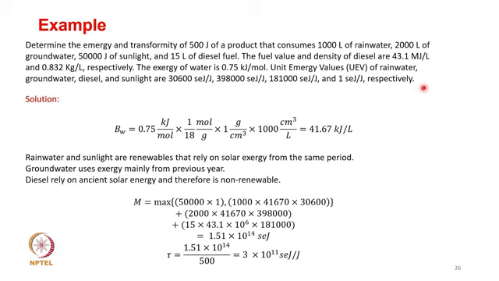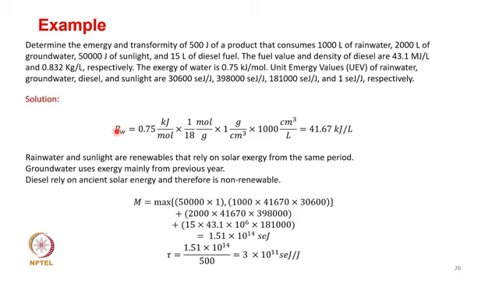The exergy of water is 0.75 kilojoule per mole. And the unit Emergy values of rainwater, groundwater, diesel and sunlight are these numbers respectively: 30,600, 398,000, 181,000, and of course for sunlight it is 1.